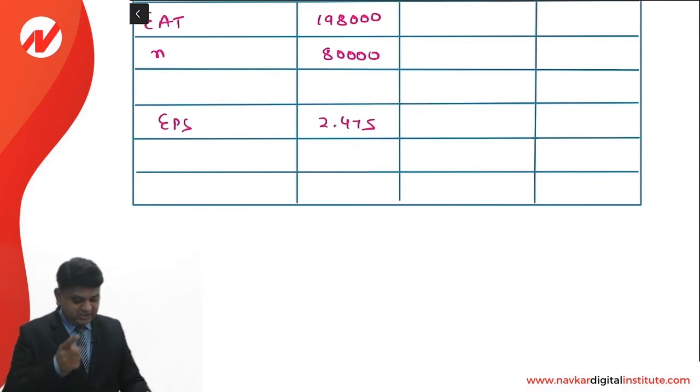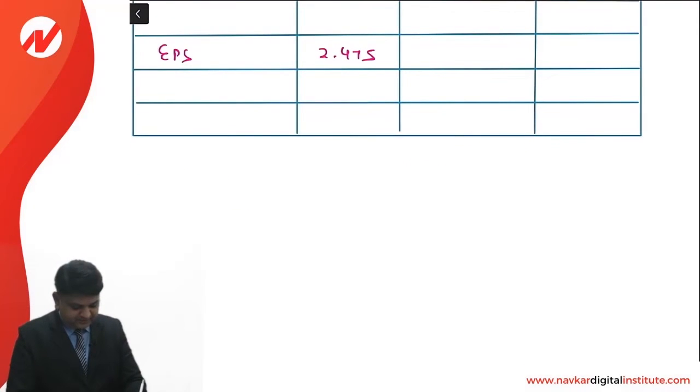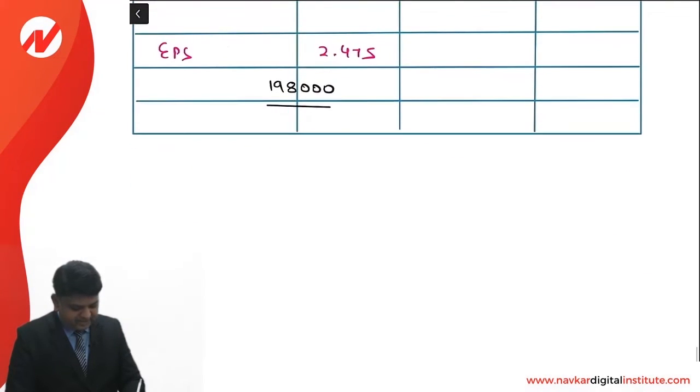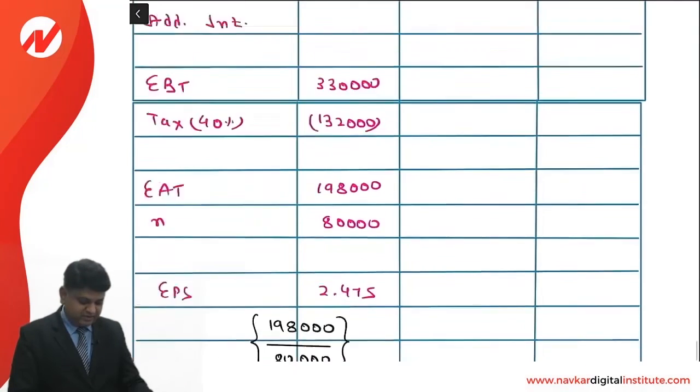So the general instruction will be applicable to answer up to 3 decimals. That is 1,98,000 divided by number of equity shares, that is 80,000. This is the way the EPS is calculated.